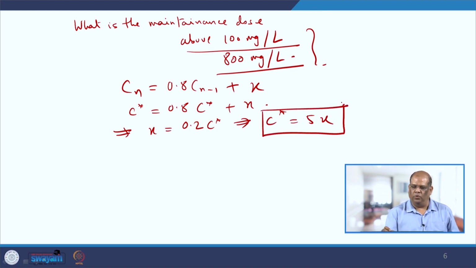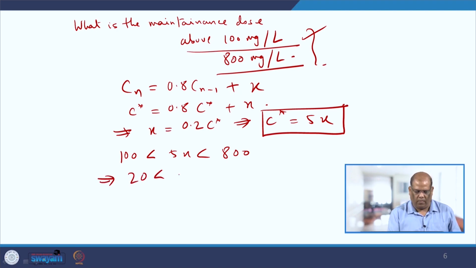Now, this value should not cross 100 on the low side, and it should lie between 100 and 800. So, you have 100 less than 5x less than 800. So, this will imply that 20 must be less than x, which must be less than 160.